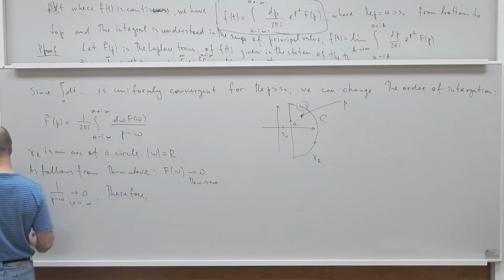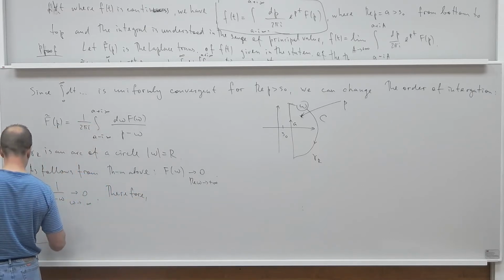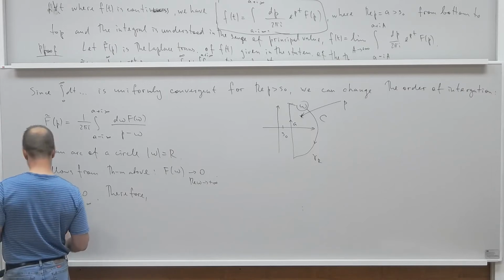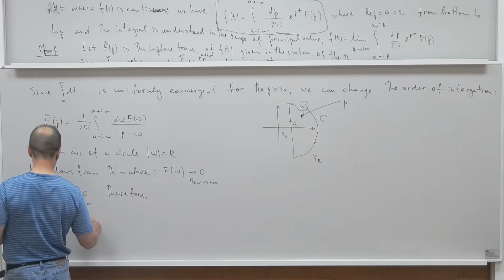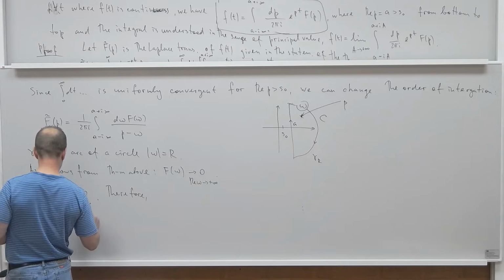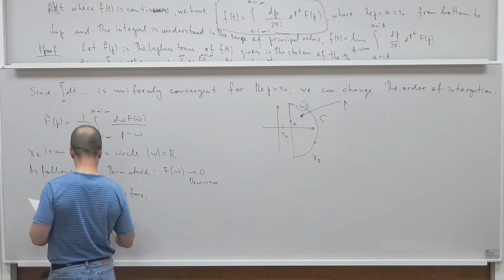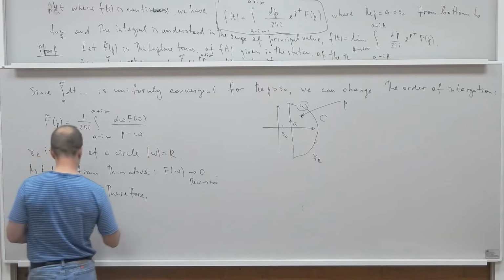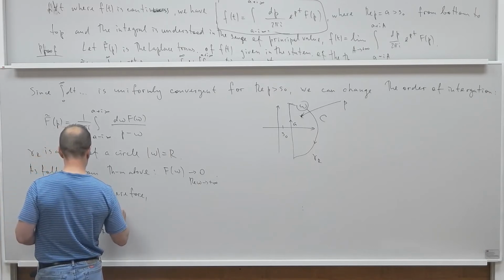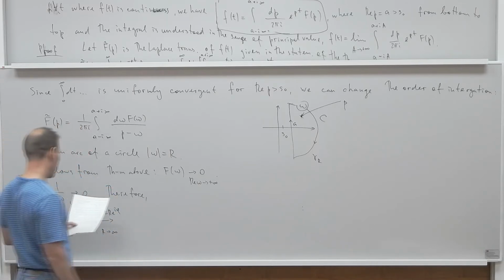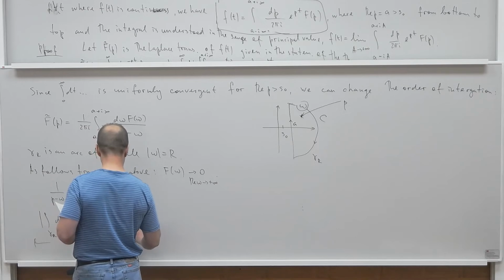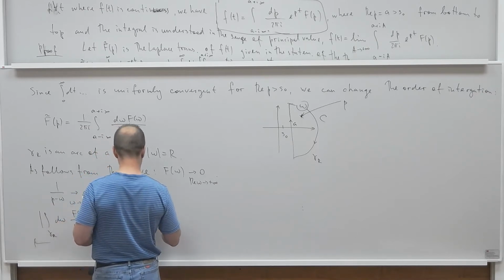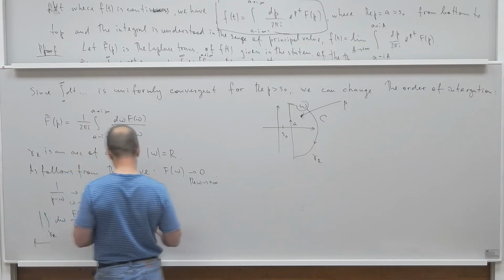And therefore, we have the estimate of the modulus of the integral along the arc gamma. We assume that R tends to infinity and omega can be written in an exponential form. So, under the modulus sign, we can rewrite this integral in the following way.